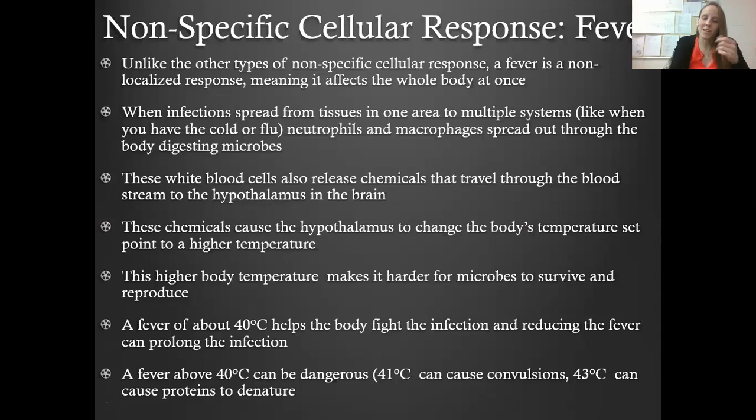A fever is also a non-specific cellular response. It's a systemic response, so it affects your whole body at once as opposed to inflammation, which is usually more localized.